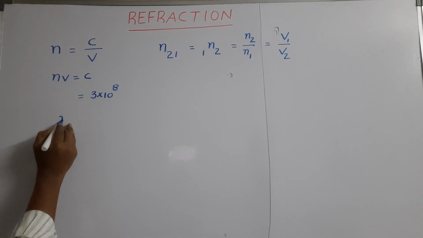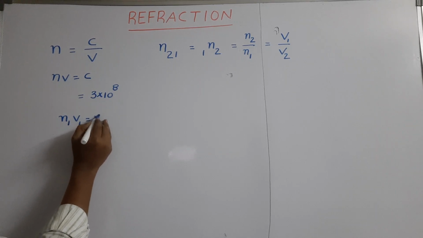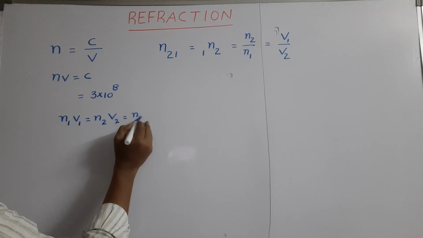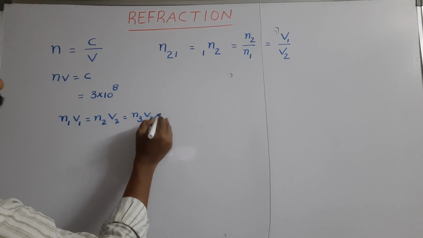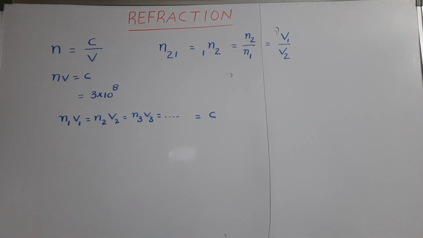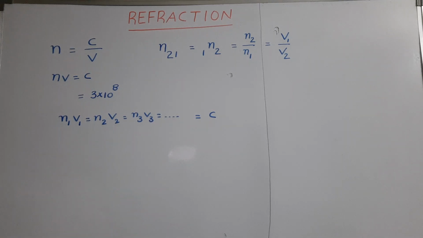So from this we can write n1 v1 is equal to n2 v2, equal to n3 v3, and so on, which is equal to speed of light in a vacuum. So the product of refractive index of any medium and speed of light in that medium is equal to the speed of light in free space.